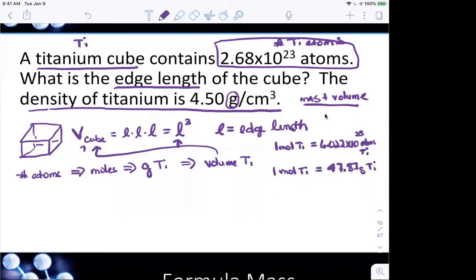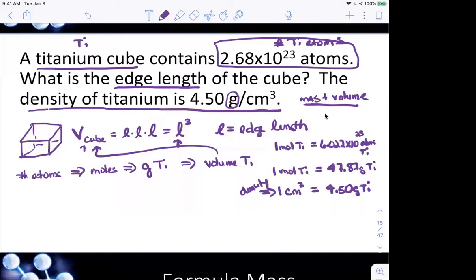And I know from the density that for every 1 centimeter cubed, I have 4.50 grams of titanium. So this is going to be my density used as a conversion factor.